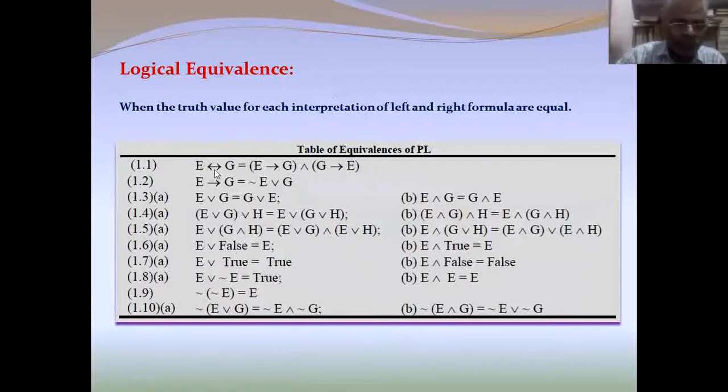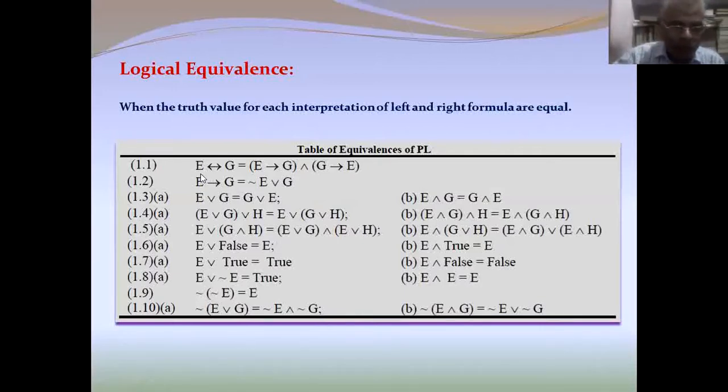Suppose E double implies G is denoted by E implies G and G implies E. This table is important for students because one or two different formulas are given in any term and examination to prove the formula by using truth table. So this table is very, very important. So write down this table and try to prove this logical equivalence formula.